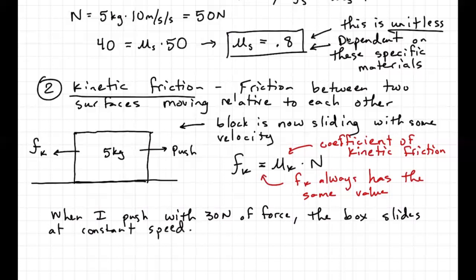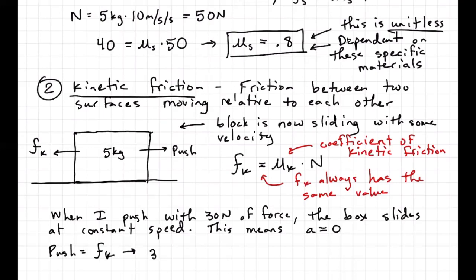So if the speed is constant, then this means that acceleration is equal to 0. And that means that the net force is equal to 0, which means that the push has to be the same as the kinetic friction. So that means that when I'm pushing with 30 newtons of force, the push is equal to Fk.